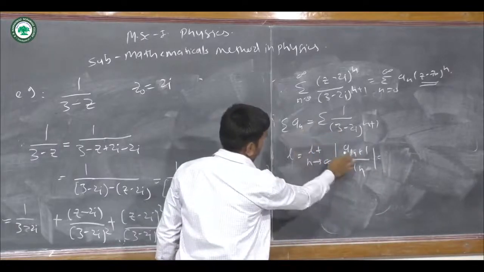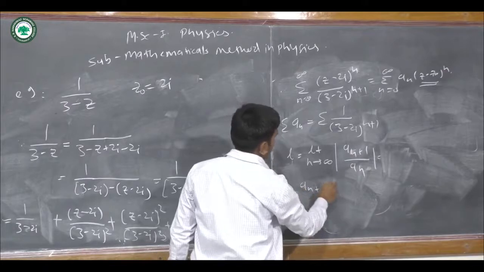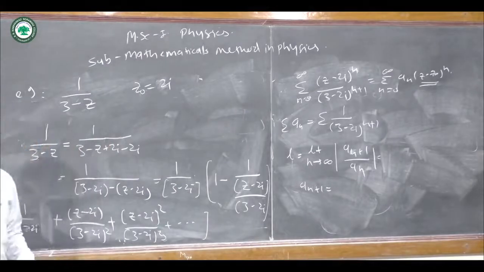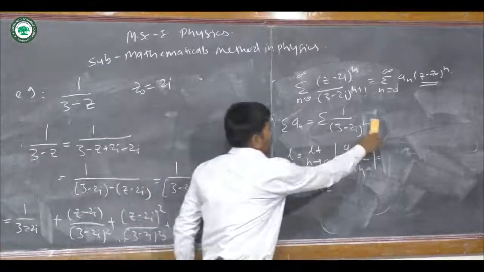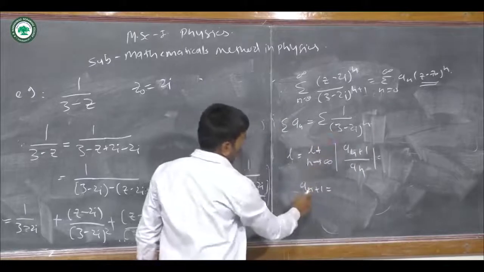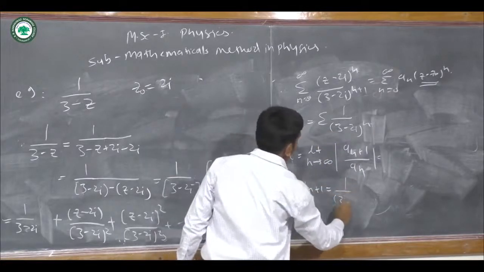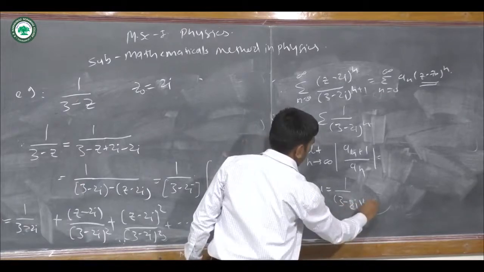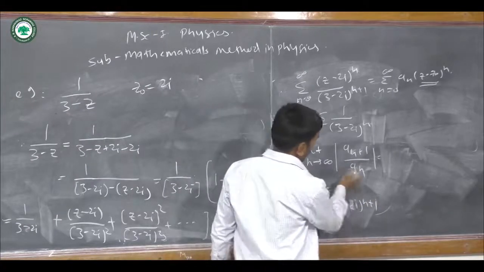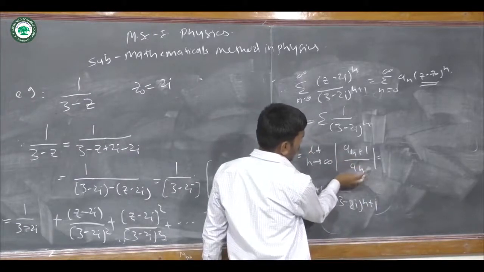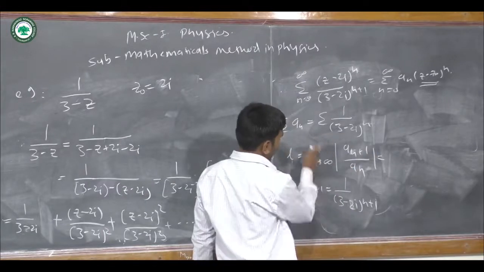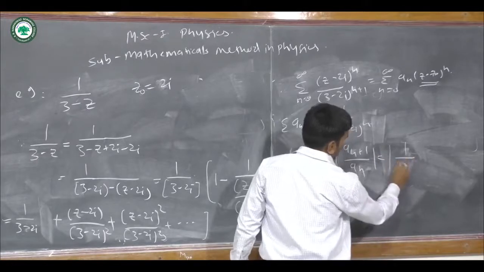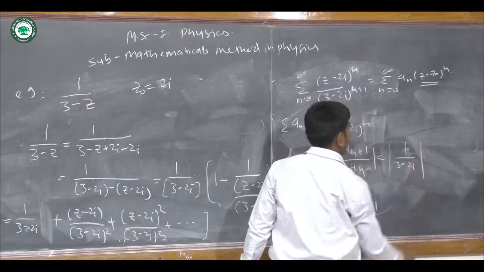So if I write a n, and a n plus 1 is 1 divided by 3 minus 2i to the power n plus 1. If we take a n plus 1 divided by a n, from these two expressions, it is the modulus of 1 divided by 3 minus 2i.